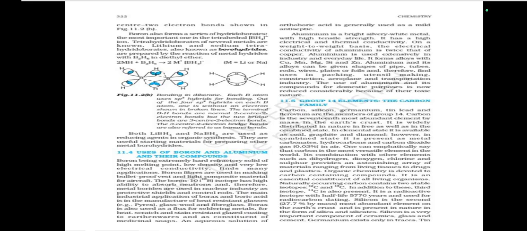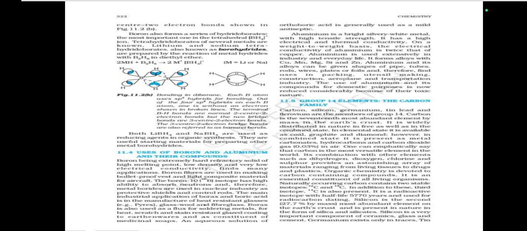0.03% in air. One can emphatically say that carbon is the most versatile element in that its combination with elements such as hydrogen, dioxygen, chlorine, and sulfur provides an astonishing array of materials ranging from living tissues to drugs and plastics.